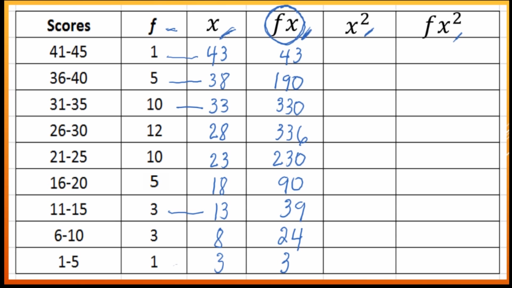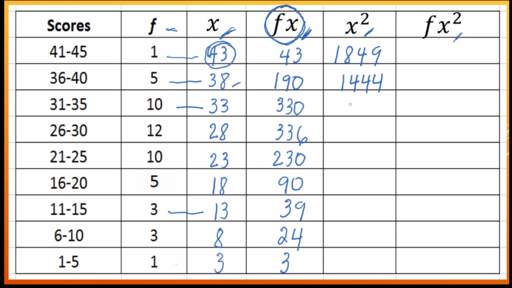Now we're going to proceed to the square of the class mark. When you say square, you will multiply it to itself. So 43 times 43, we have 1849. Next is 38. The square of 38 is 1444.